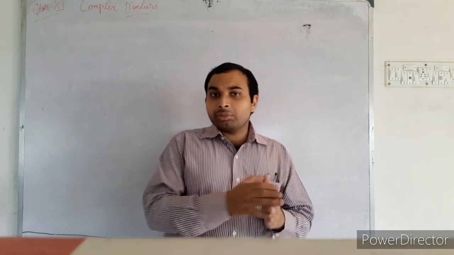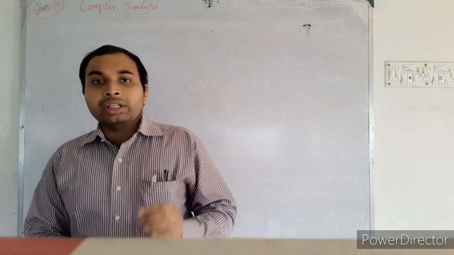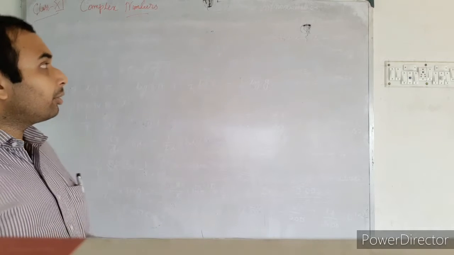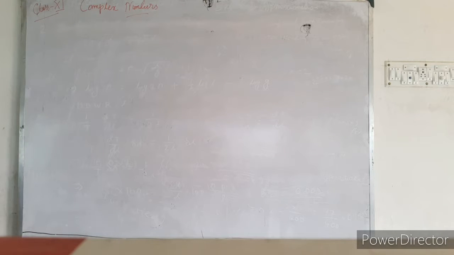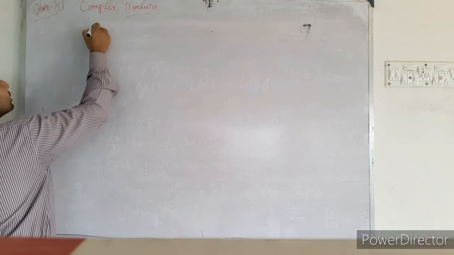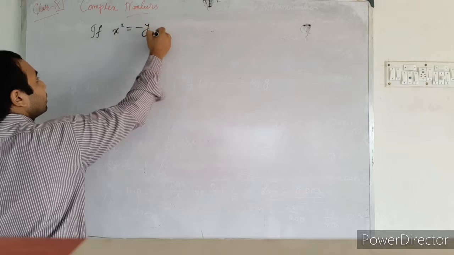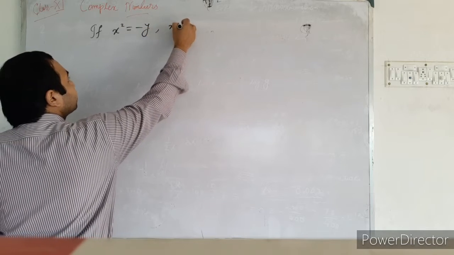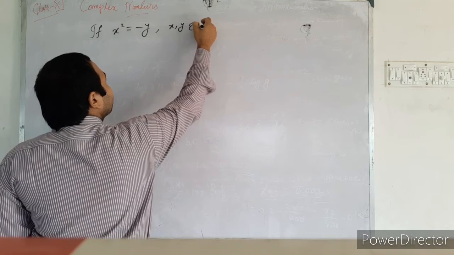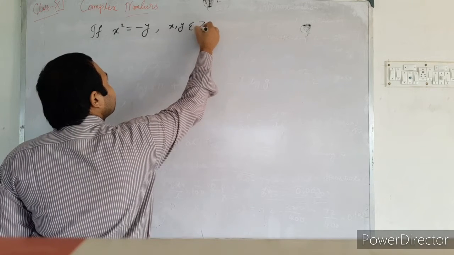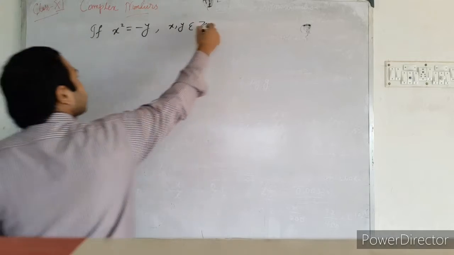So for the new students, I am again discussing that one. The numbers under the root but with the negative sign are called the imaginary numbers. I can write it like that: if x square equals minus y, where x and y are, here I am taking, positive integers.